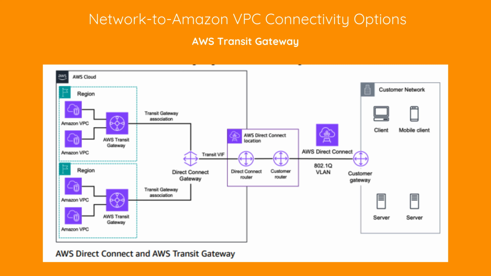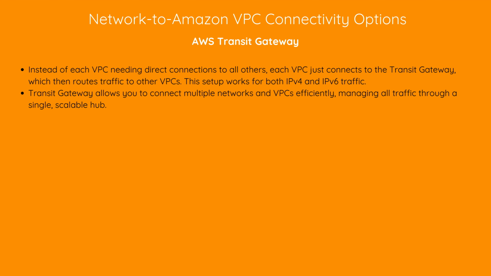Instead of each VPC needing direct connections to all others, each VPC just connects to the Transit Gateway, which then routes traffic to other VPCs. This setup works for both IPv4 and IPv6 traffic. Transit Gateway allows you to connect multiple networks and VPCs efficiently, managing all traffic through a single, scalable hub.